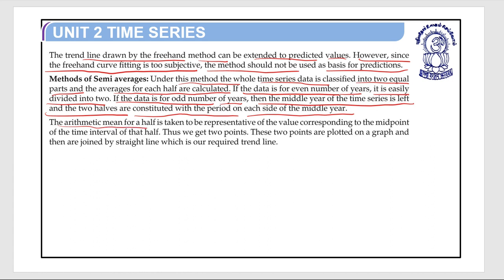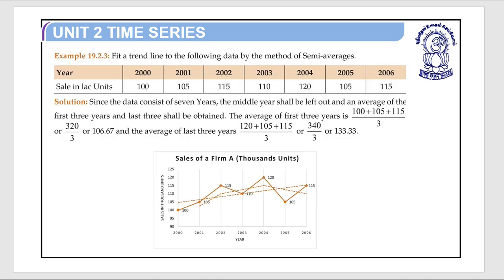The arithmetic mean for a half is taken to be representative of the value corresponding to the midpoint of the time interval of that half. Thus we get two points. These two points are plotted on a graph and joined by a straight line, which is our required trend line.